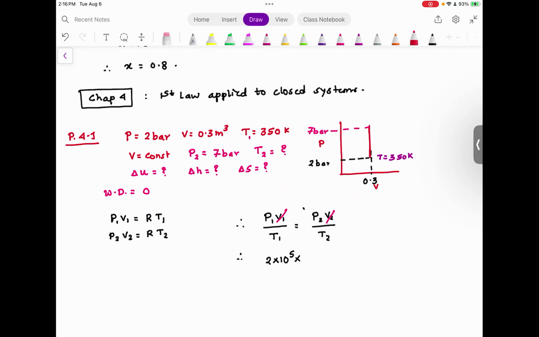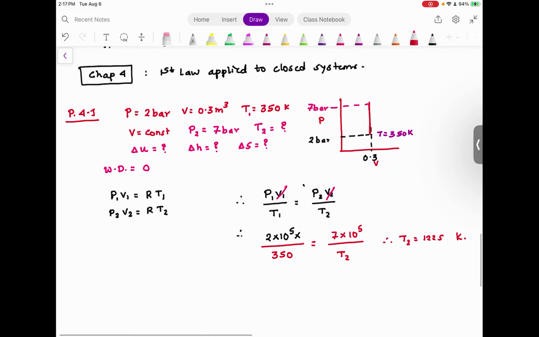T1 is given as 350 Kelvin, equal to P2 which is 7 bar divided by T2. Solve this and tell me the value of T2 in Kelvin. That is going to be 1225 Kelvin.